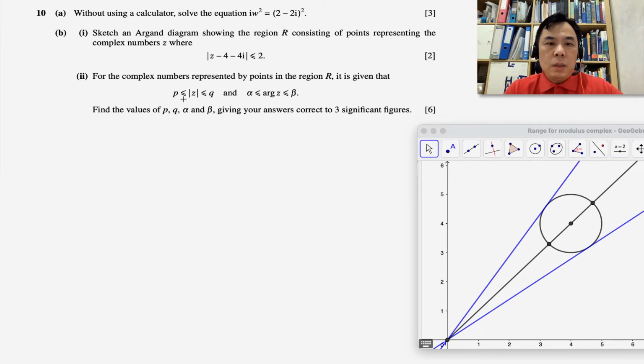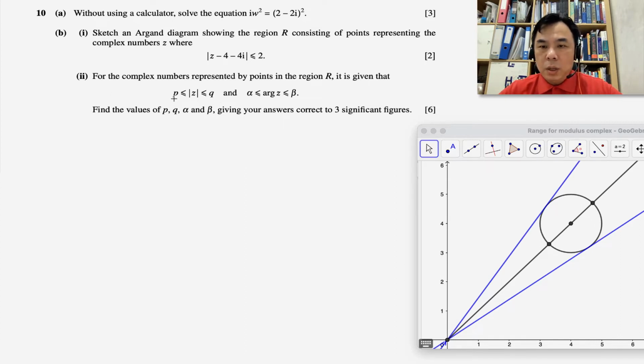It is given that the modulus of the complex number lies between P and Q. What that actually tells us is the magnitude of the complex number has a maximum value of Q and a minimum value of P there.